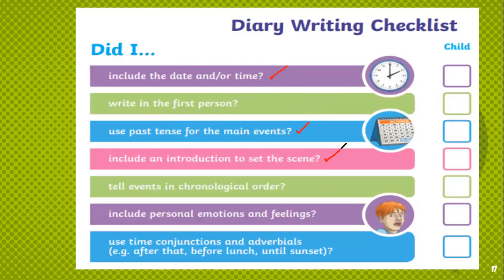Include an introduction to set the scene, tell events in chronological order, and include personal emotions and feelings. That means you only write 5 things. The first one is include the date or time, use past tense for the main events, include an introduction, tell events in chronological order, and include personal emotions and feelings.